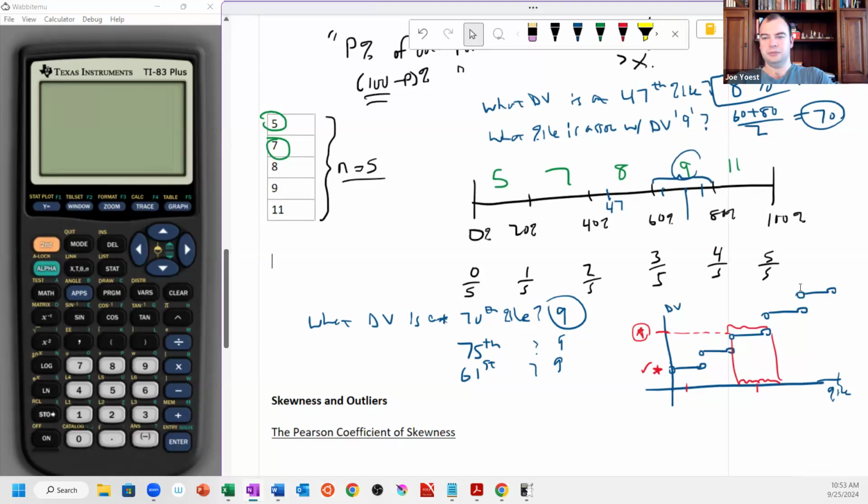If I always pick the left endpoint, I'm going to be biasing things to the left, or pick the right endpoint and biasing things to the right. So I think picking in the middle is the way to go.